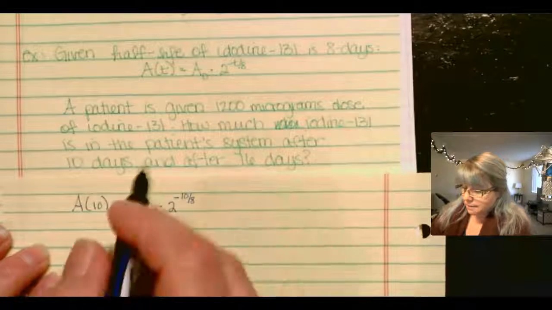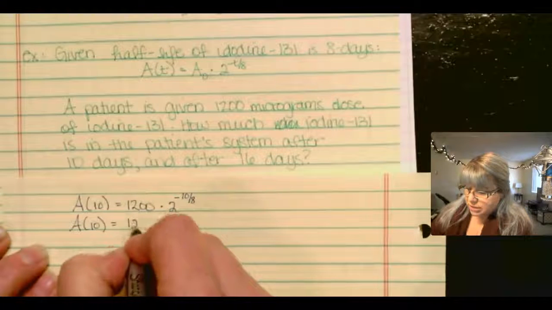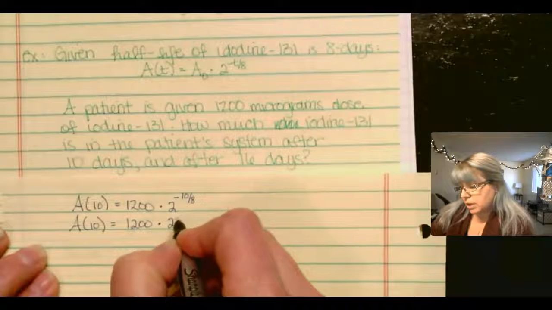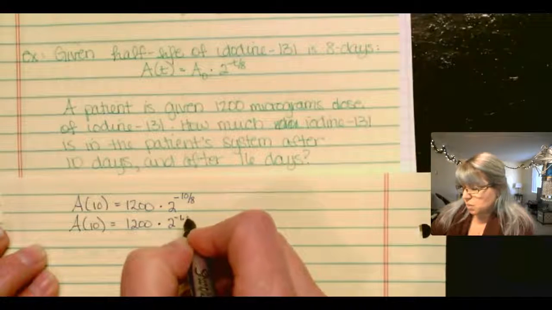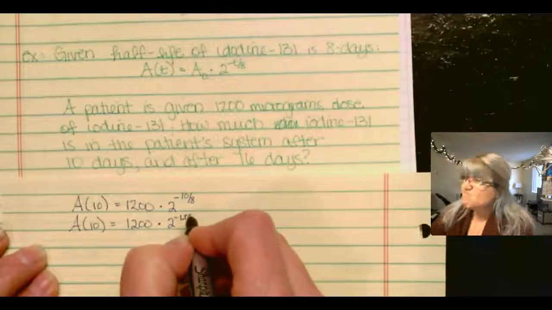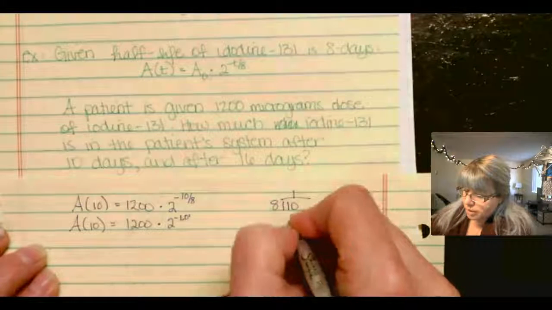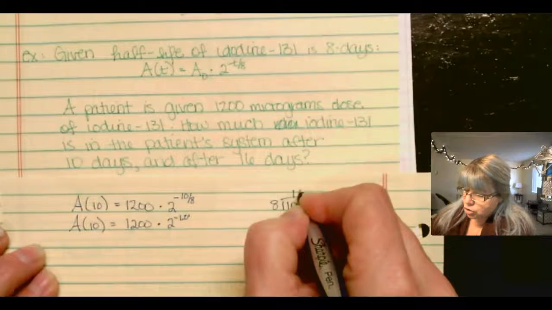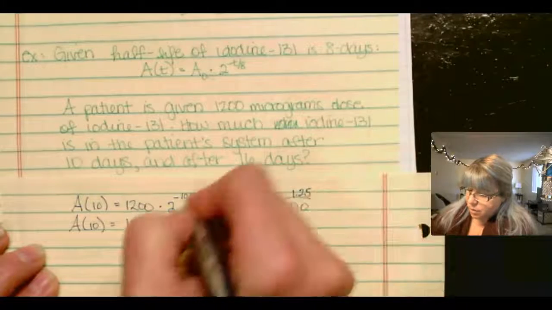So A of 10 will equal 1,200 times 2 to the negative 10 over 8, and we can reduce this. 8 goes into 10 one time with 2 left over, so 1.25.